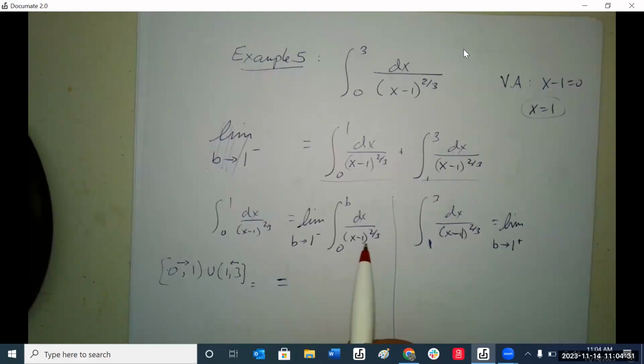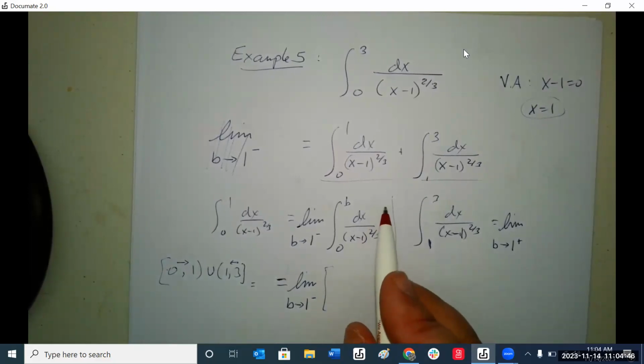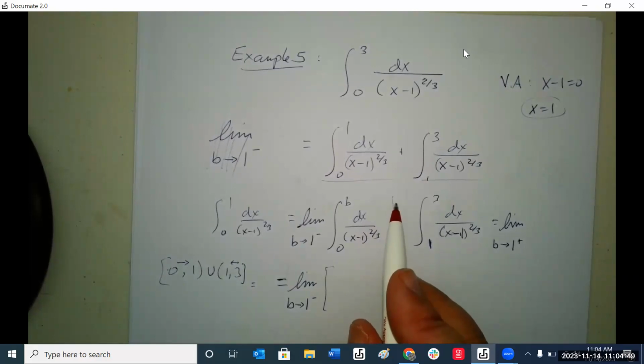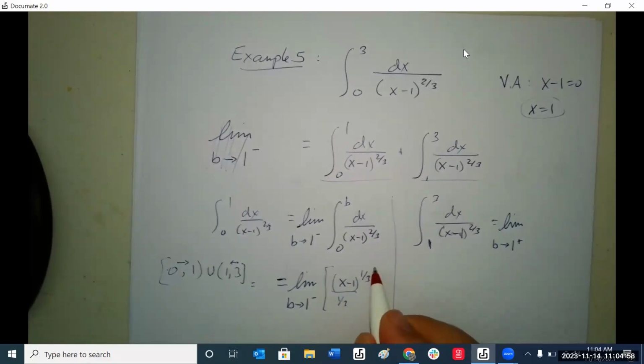The integral of this one is going to be, negative 2/3 add 1, so it's (x minus 1) to the 1/3 over 1/3.